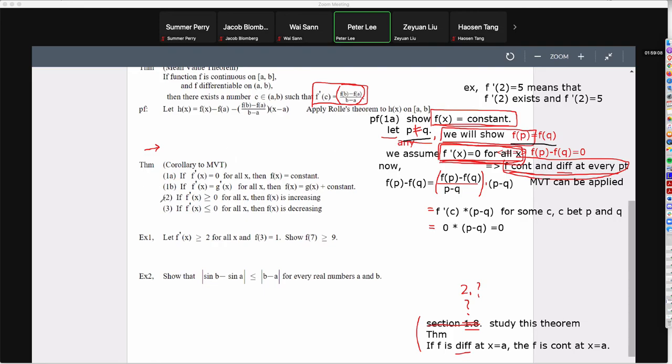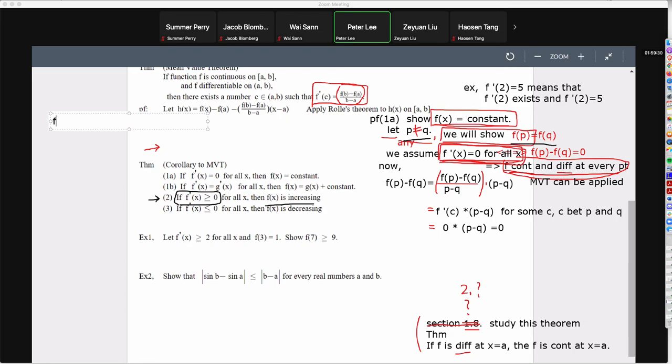Now class, let's look at part of the example theorem here. How about the Q? Let's look at this guy here. If f prime of x is greater than 0 for all x, then you have to show that this f is increasing. If the derivative is positive all the time, is the function increasing? So here basically what we're showing is this.